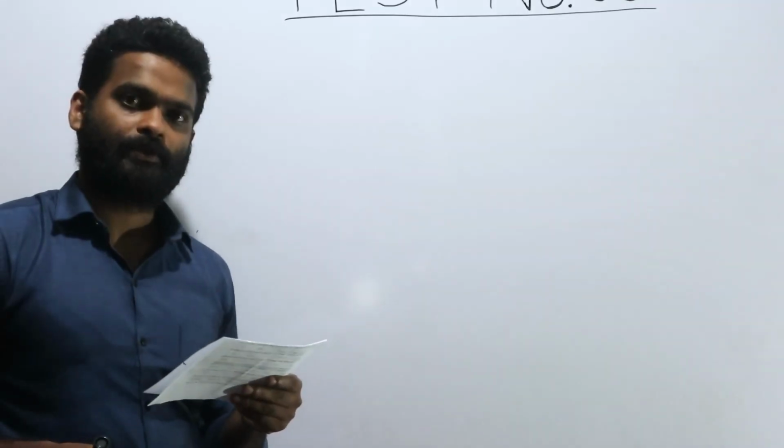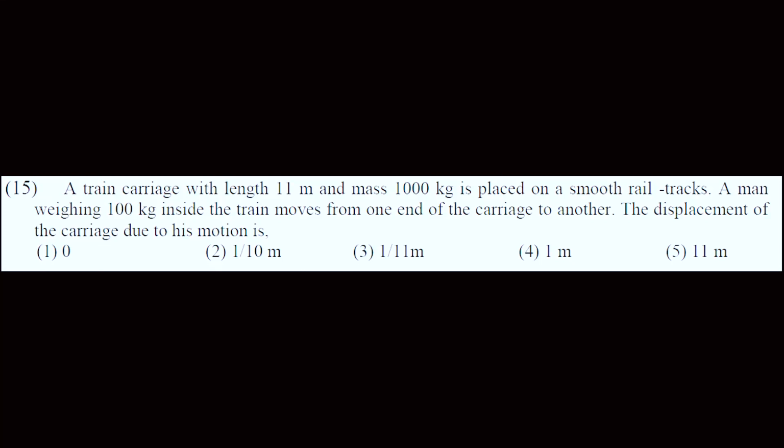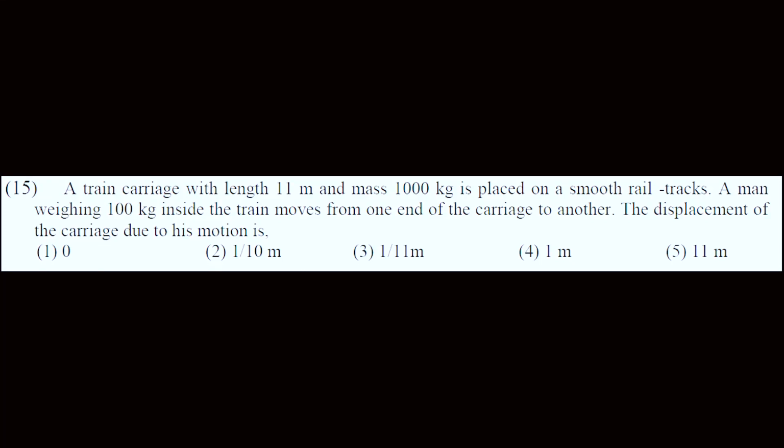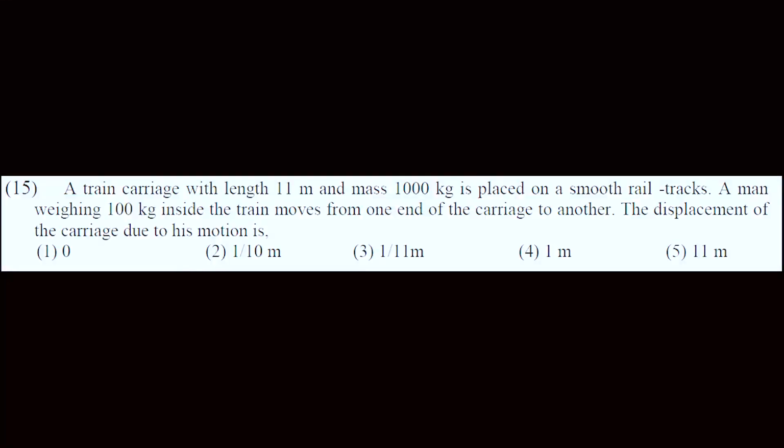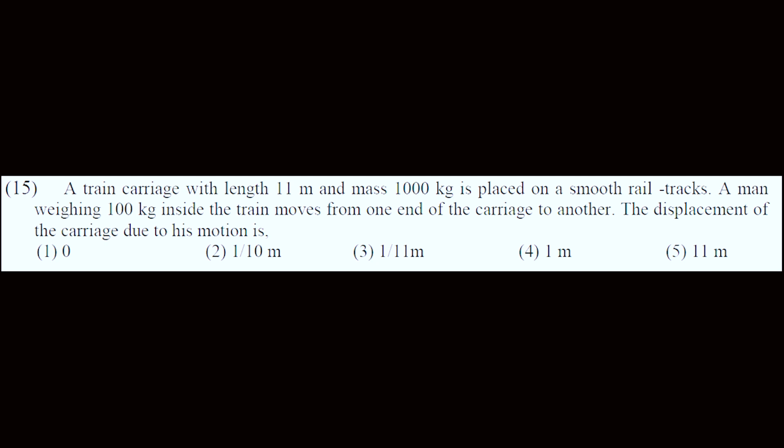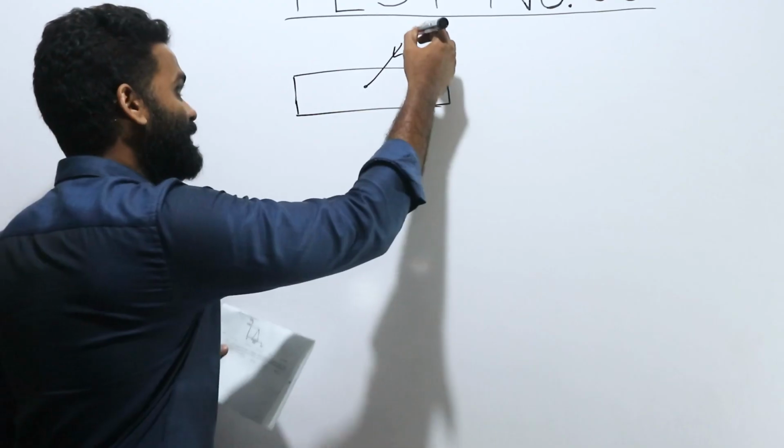Okay, 15th question. A train carriage with length 11 meters and mass 1000 kg is placed on a smooth rail track. So there's this train carriage which has a mass of 1000 kilograms.